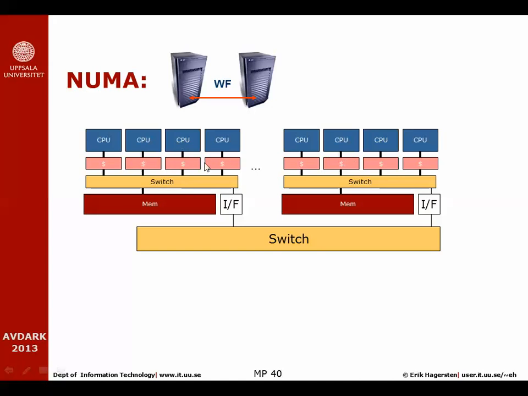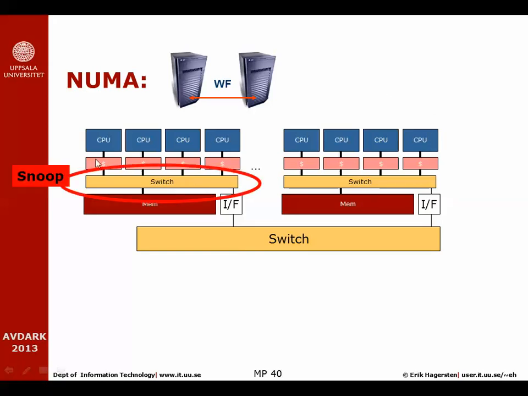This is what's called a NUMA kind of system. Here it's cheap as long as you keep coherence inside a node, but once you need to read data from somebody else's cache that's not in your node, it's much more expensive.